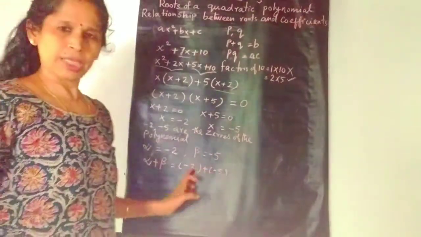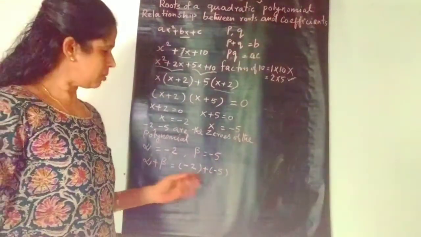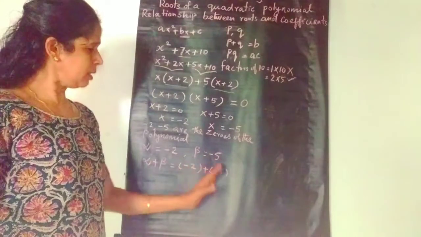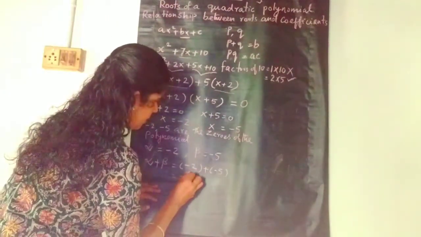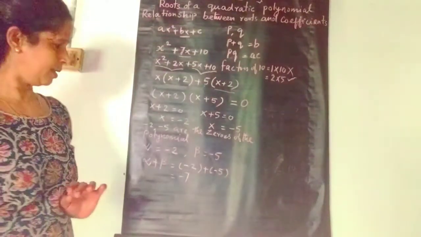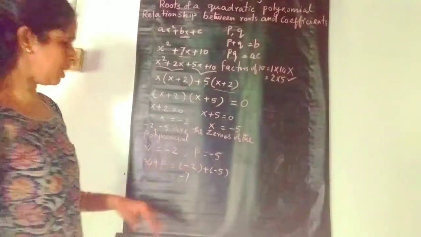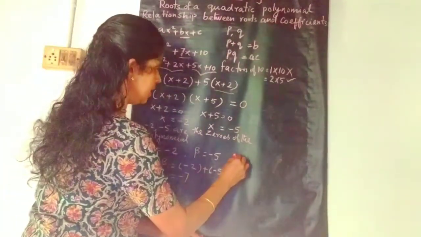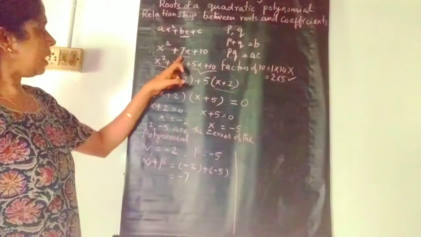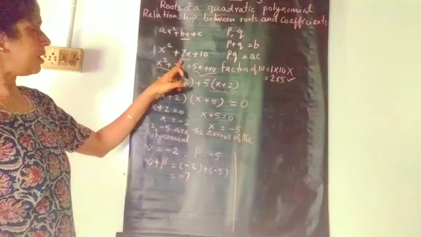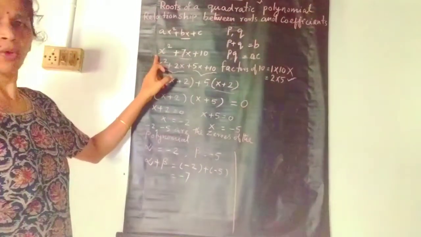Since both are negative, we know how to add the integers. Both are negative, so we add the integers and put the negative sign. So alpha plus beta is equal to -7. Let us see the coefficient here. If you take b, here b is 7, a is 1.